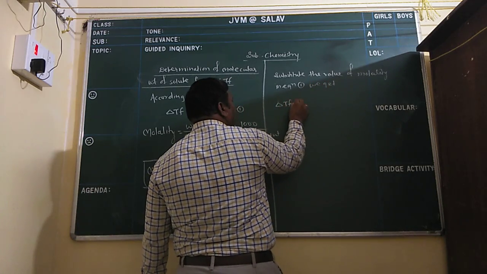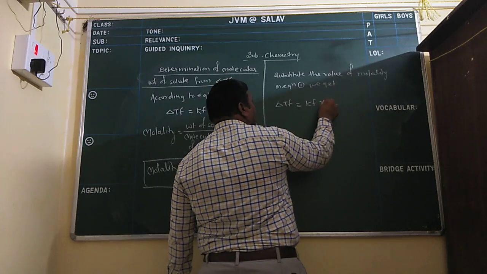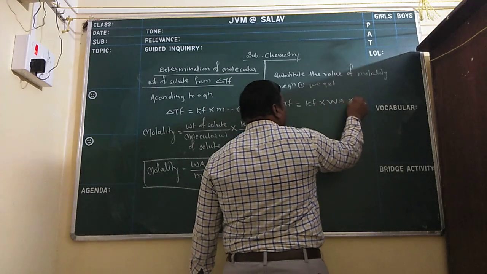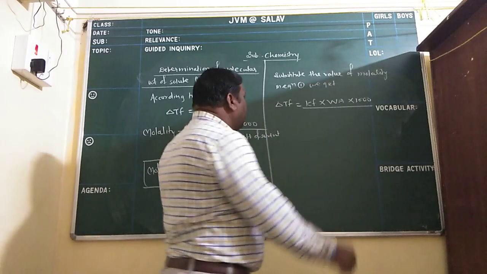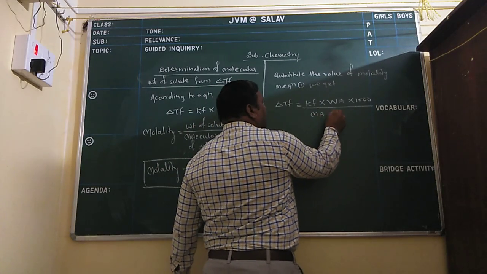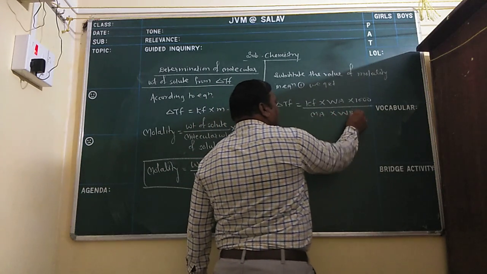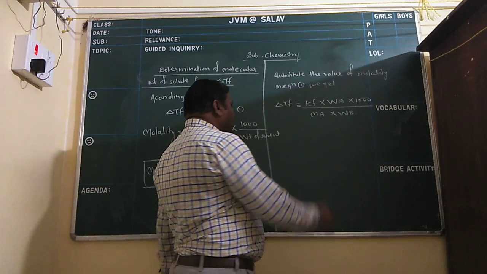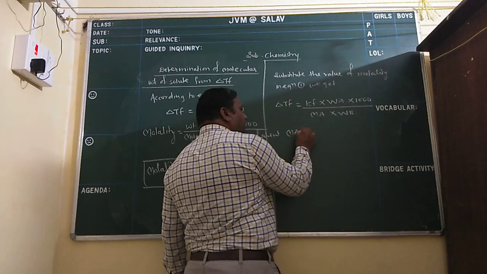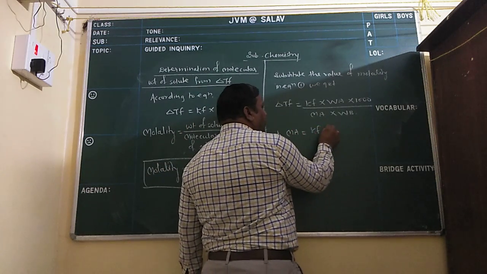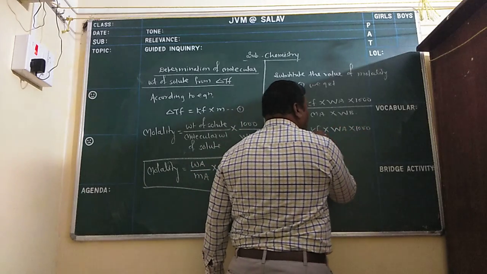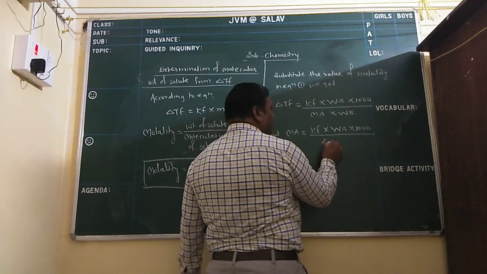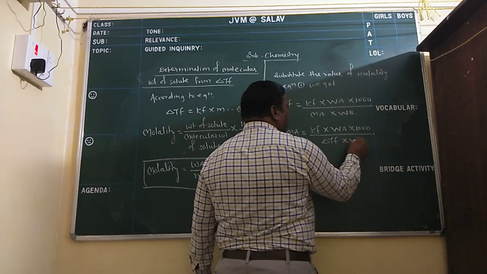Del TF is equal to Kf into WA into 1000 upon MA into WB. Understood?